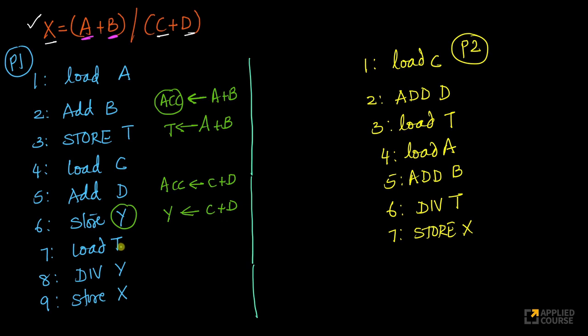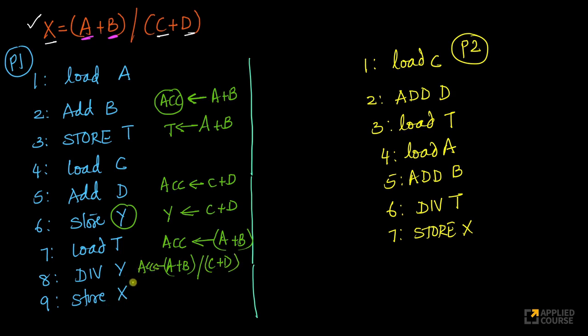Now load T. So what happens? The accumulator has T, which means the accumulator has A plus B. Right? Div Y. So whatever is there in the accumulator is divided by Y. What is there in Y? Y contains C plus D, right? This resultant, I'll store back into the accumulator.